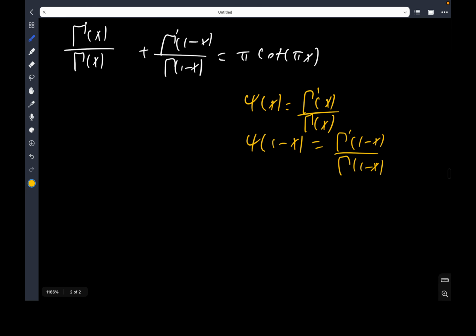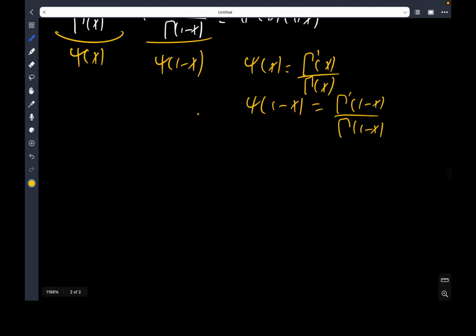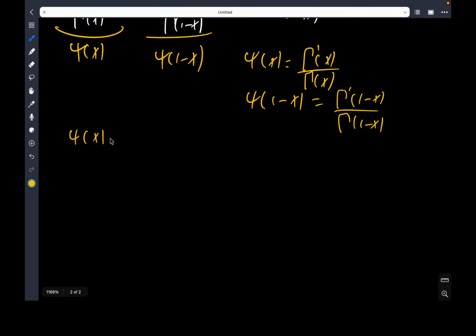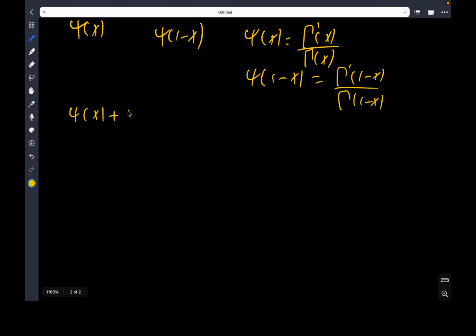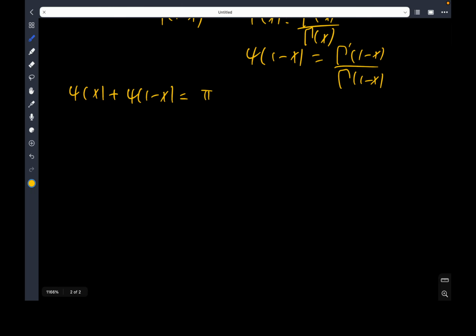See how these are so similar? So this is psi of x, and this is psi of 1 minus x. So we concluded that psi of x plus psi of 1 minus x is equal to pi cotangent of pi x.